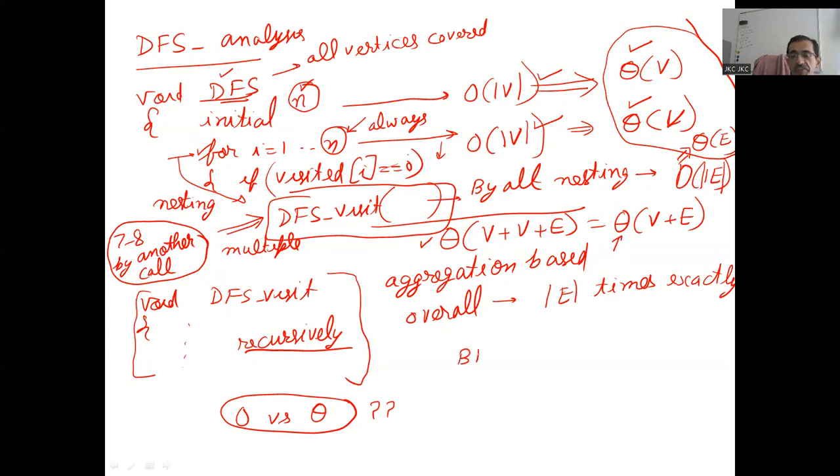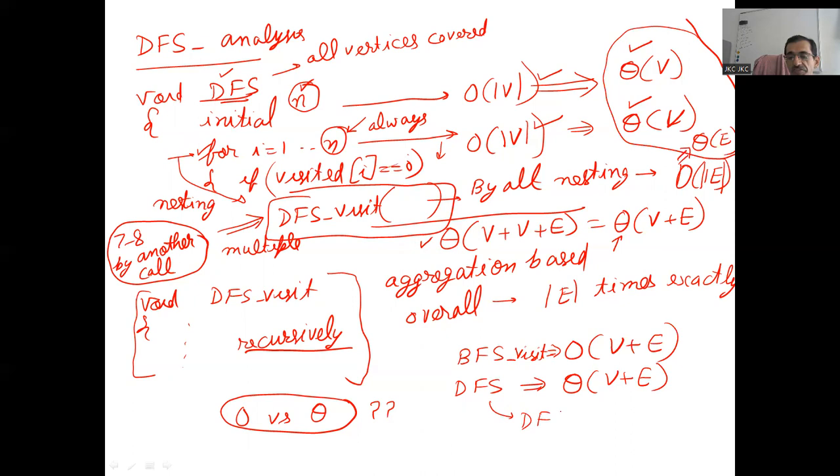So in a BFS, my answer is big O of V plus E. Because it was only the BFS visit, I say BFS visit is O of V plus E, and a full BFS call is going to be theta of V plus E. Equivalently, if I consider the DFS visit call and its analysis only, that will obviously be O of V plus E, because fewer calls could be possible.